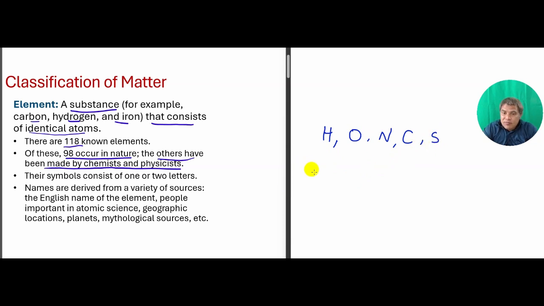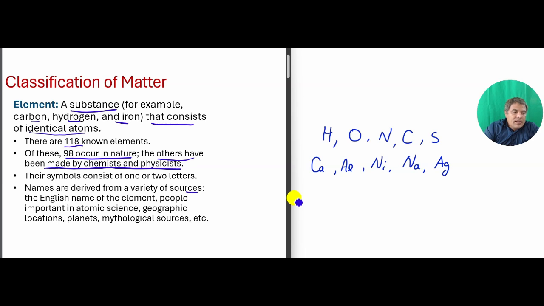But calcium, aluminium, nickel, sodium and silver, we take 2 letters, right? So for some elements we take just the first letter of the name, and for some we take 2 letters.